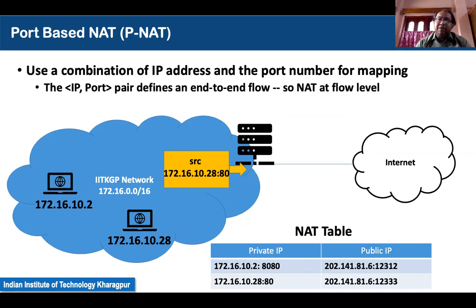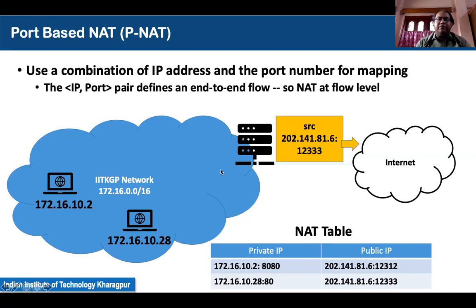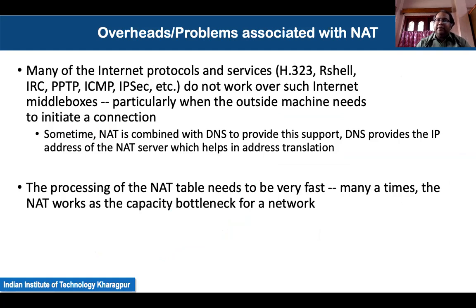And at the same time, whenever it sends a packet to that public IP interface, the NAT will not have any information because that entry is not there in its NAT table. The entry to a NAT table is written only when it receives a packet from the inside network. So that is a typical problem for NAT. That is why many of the services which need the outside machine to initiate a connection do not work in a NATed network.